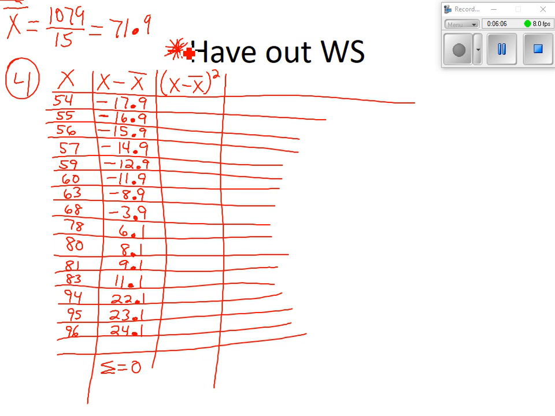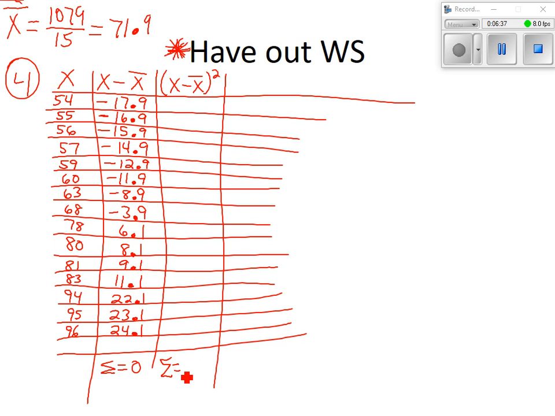So you might want to fill in that column, but if I was doing it, I would just take this number, square it, plus this number squared, plus this number squared, and punch all of that into my calculator as one thing and just come up with the sum, because that sum's what we need.